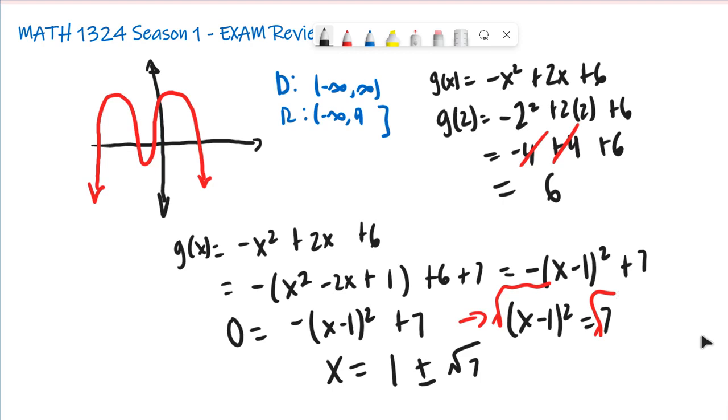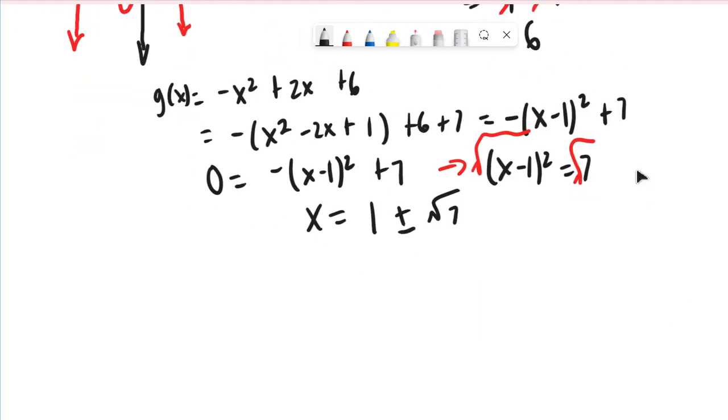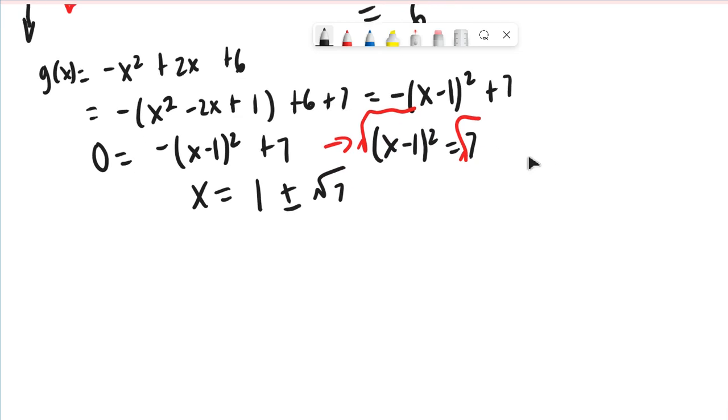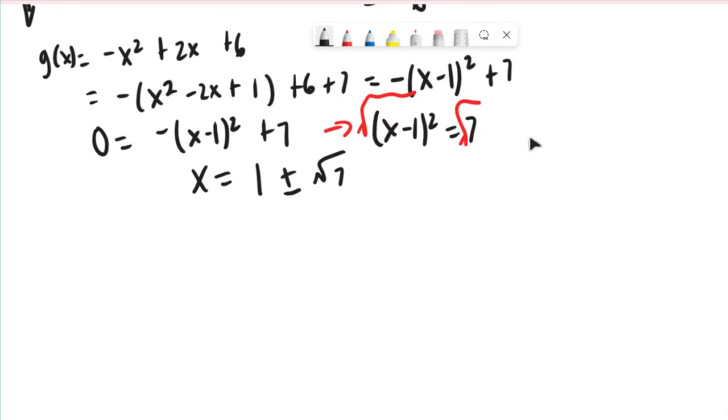but it's not a big deal, because I now know a lot of information just about that one graph alone. I know that the function as written has negative x minus 1 to the second power plus 7.